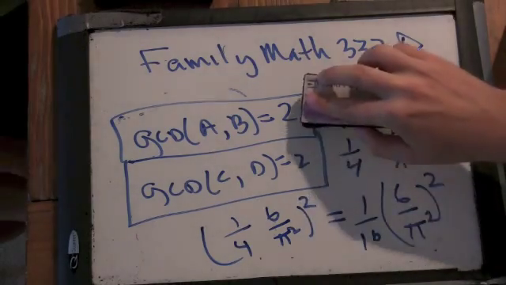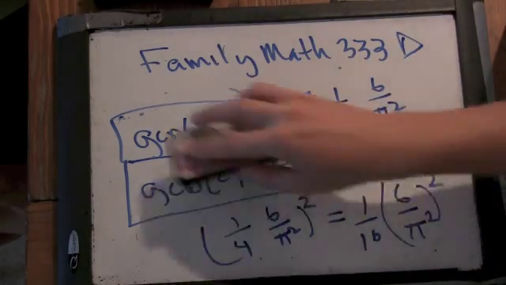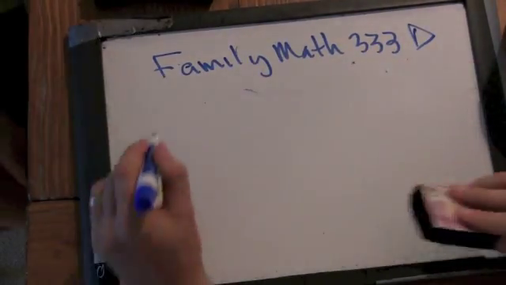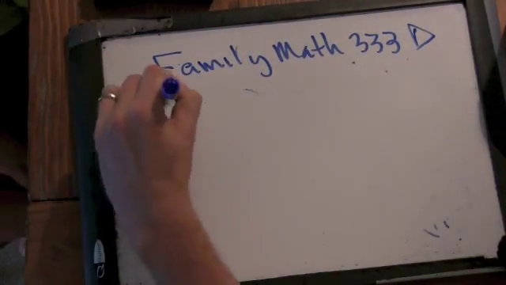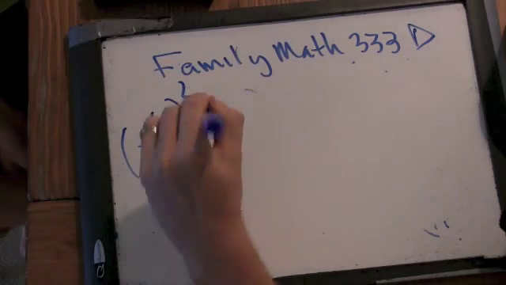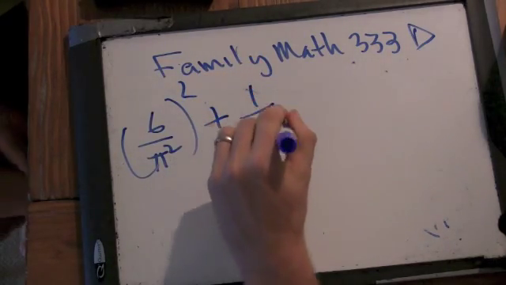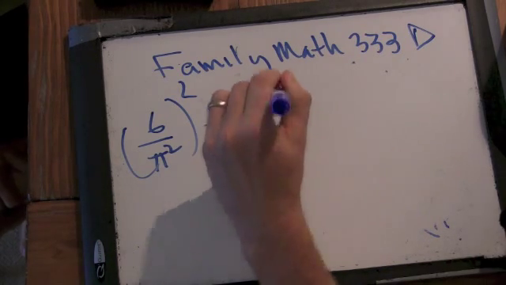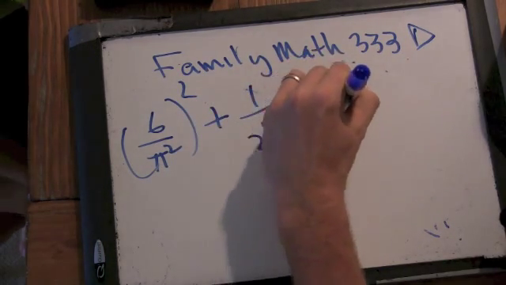So I found the probability that the greatest common divisor of both is equal to 1 was 6 over pi squared, squared. Now that they're equal to 2, it's 1 over 16. What is 16 as a power of 2? It's 2 to the 4th, times 6 over pi squared.